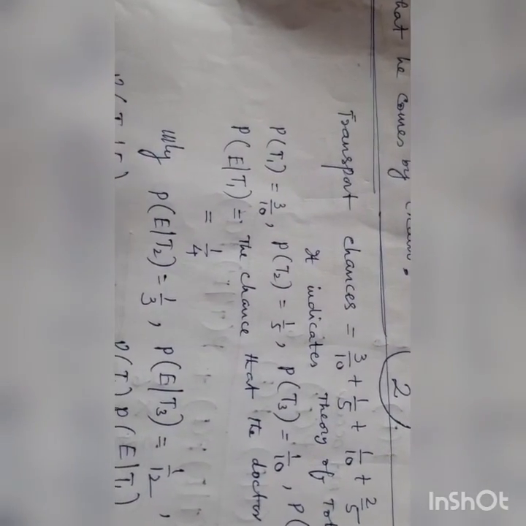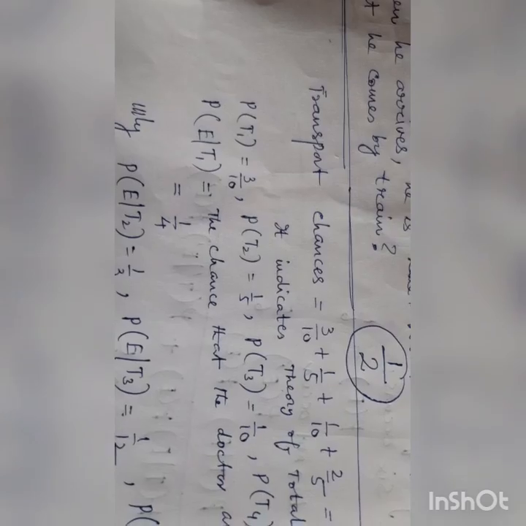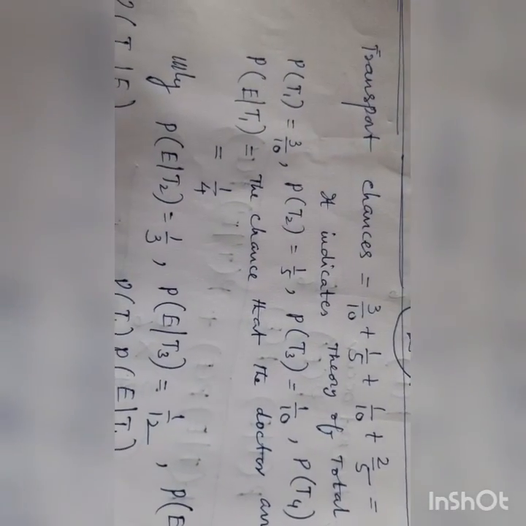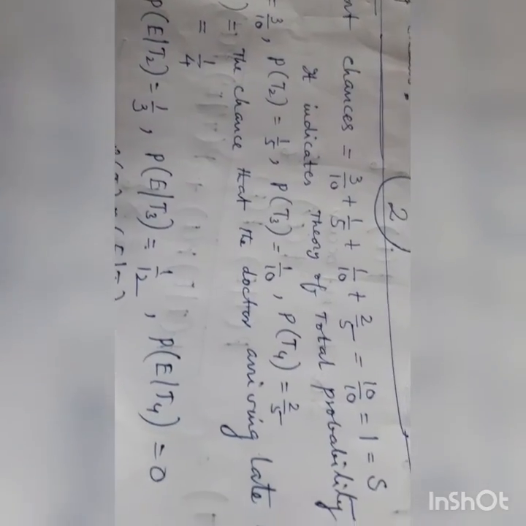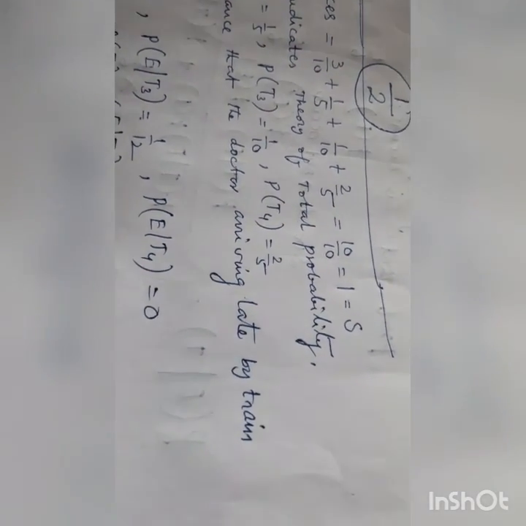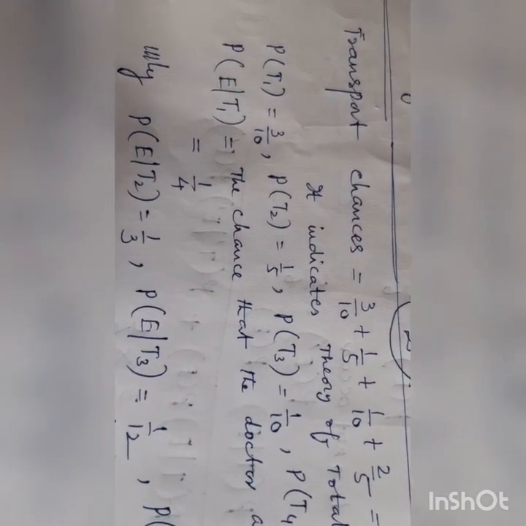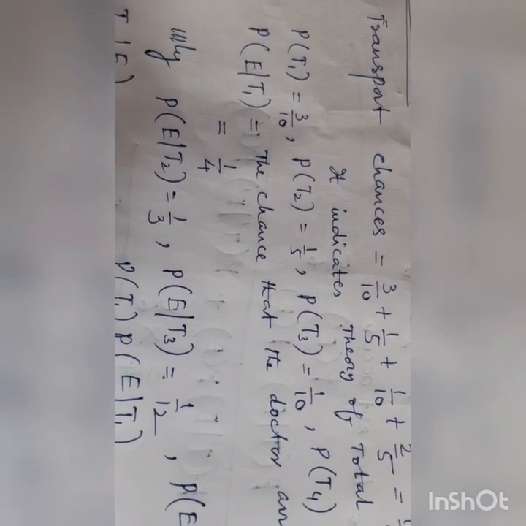P of T1 is 3 by 10, transport 1. P of T2 is 1 by 5. P of T3 is 1 by 10. P of T4 is 2 by 5. These are the transport probabilities. P of E on T1, the chance that the doctor arrives late by train, so late coming probability, P of E on T1 is 1 by 4.